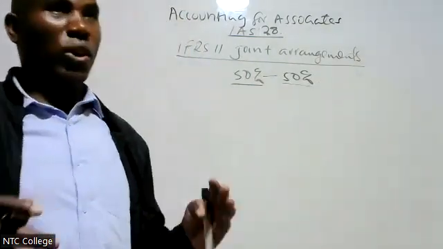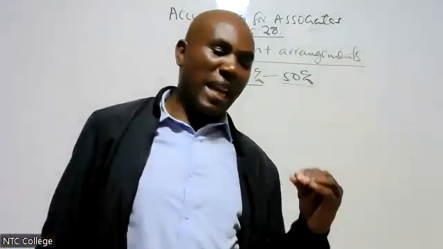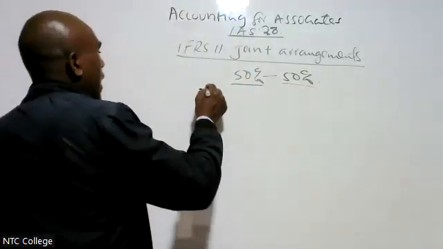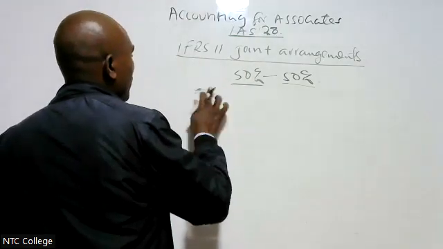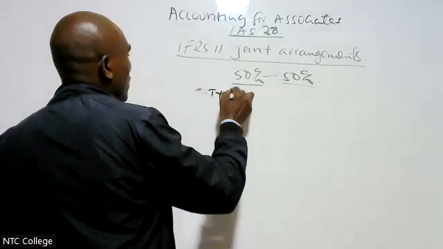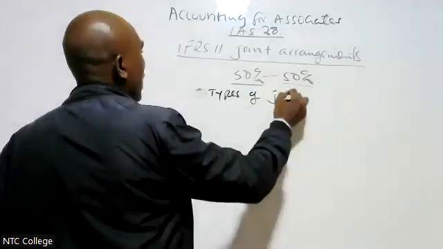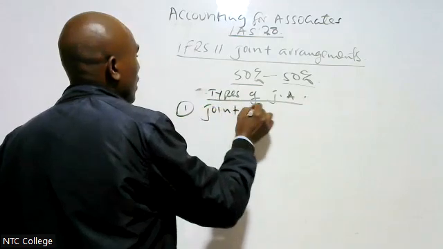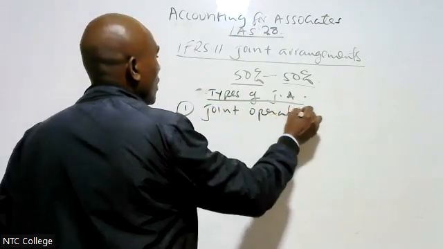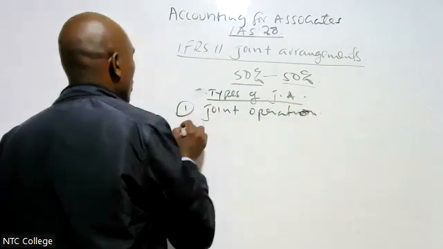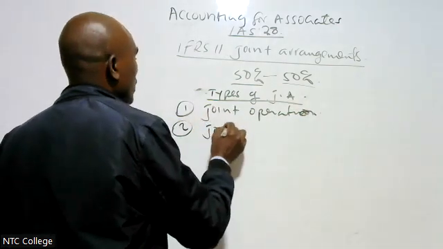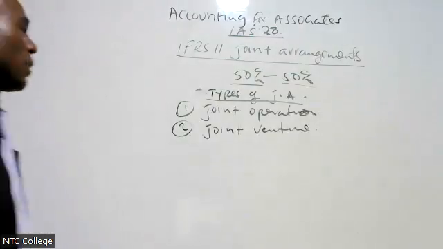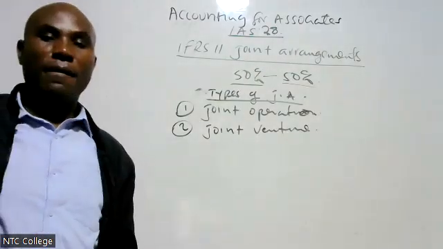That is what we call a joint arrangement. There are two types of joint arrangement. Number one, joint operation. Number two, joint venture.